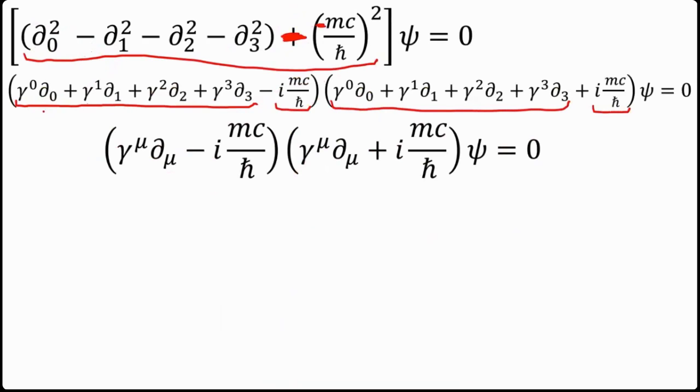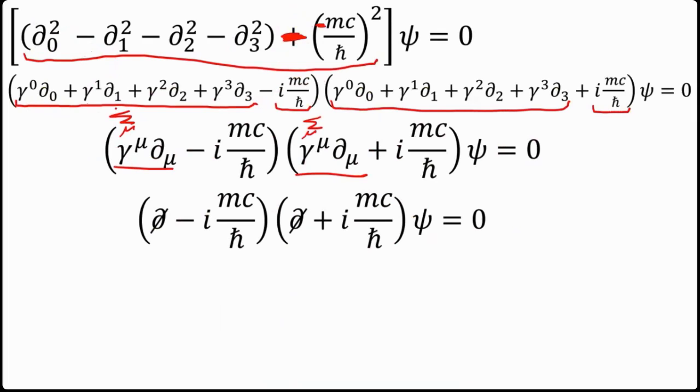Now the square root of the D'Alembert operator, we can write in Einstein notation to make it shorter, so that's an implied summation over mu from 0 to 3. And then another way is called the Feynman slash notation. Whenever you have something slashed, like A slash, it just means you sum components of A with the gammas.